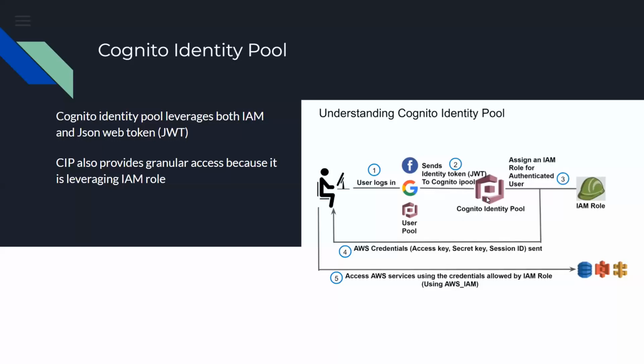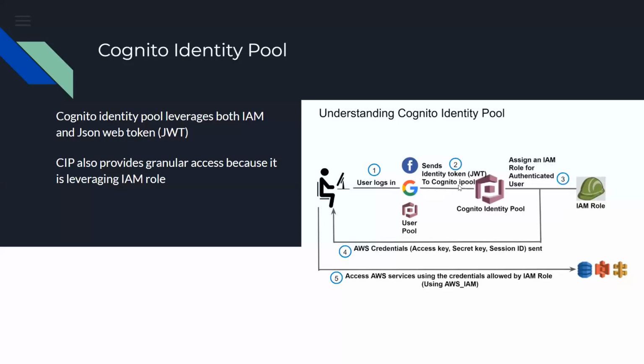When the Cognito Identity Pool confirms the token that was generated, it assigns an IAM role for an authenticated user.